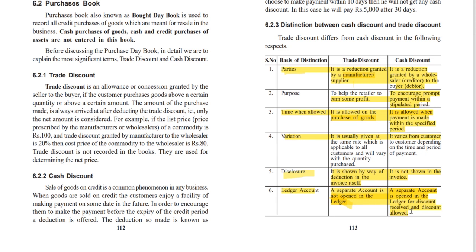When we record any transactions, sales or purchases, in the account ledger book, we don't record a separate entry for a trade discount. But for a cash discount, we record it as discount allowed or discount received. Discount is allowed if you are selling goods, and discount is received if we are purchasing goods. So that will be recorded in the ledger books, but trade discount will not be separately recorded. Okay, that is the difference between a cash discount and a trade discount.